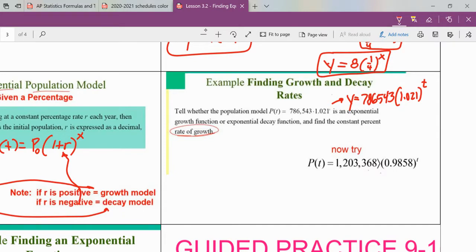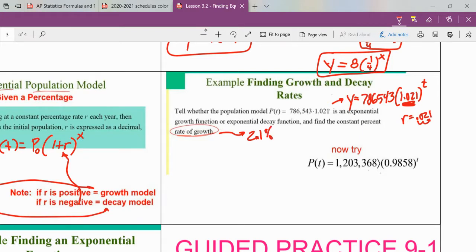Here is where I identify whether it's growth or decay: it's above 1. When I look at what that r value is, it is 0.021. That's what I've added to 1, so that's why it's growth. But we generally like to report rates of growth as percents, so I'll move the decimal 2 places. The rate of growth is 2.1%.